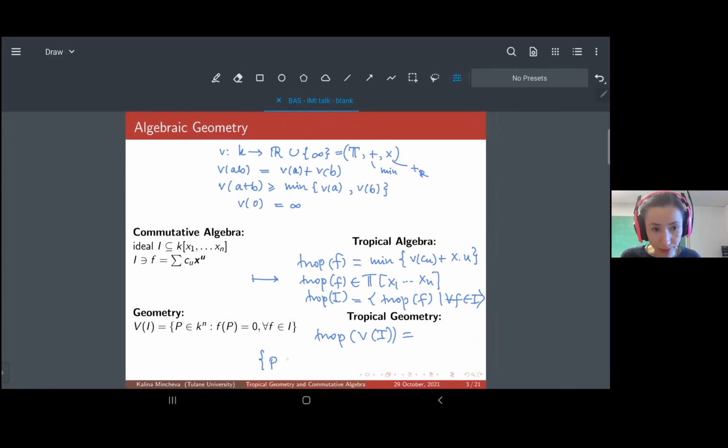Now, what are the pros and cons of studying, instead of my algebraic objects, these tropical objects? Well, the pros are that there's a new set of combinatorial tools, because now I'm working with a polyhedral complex. I know things about polyhedral complexes or matroids or something like that I can use, but there are also cons to this process.